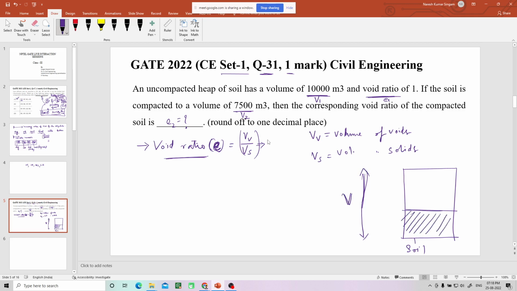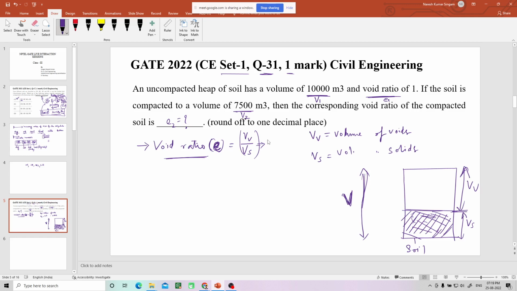This is a hypothetical or imaginary diagram, which is not possible in real, because I am taking all the solids into this part. This is volume of solids. You can't actually bring all the solids together without any void, but this is just a hypothetical diagram. Now this is volume of solids and this is volume of voids. If you combine them, you get the total volume of the soil, denoted by V. Now these voids can be filled by water or air or both together.